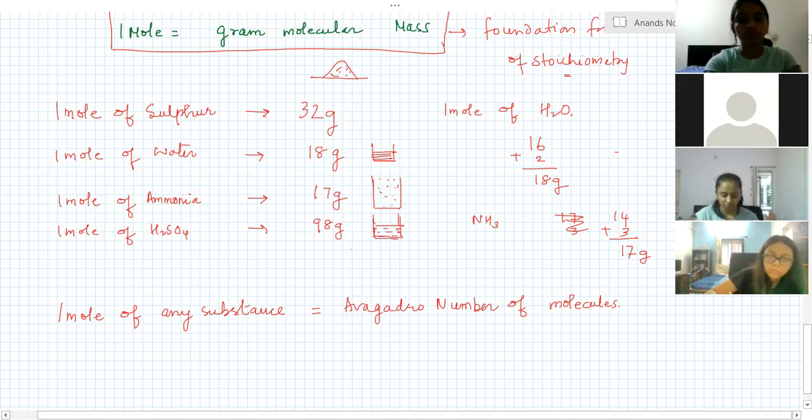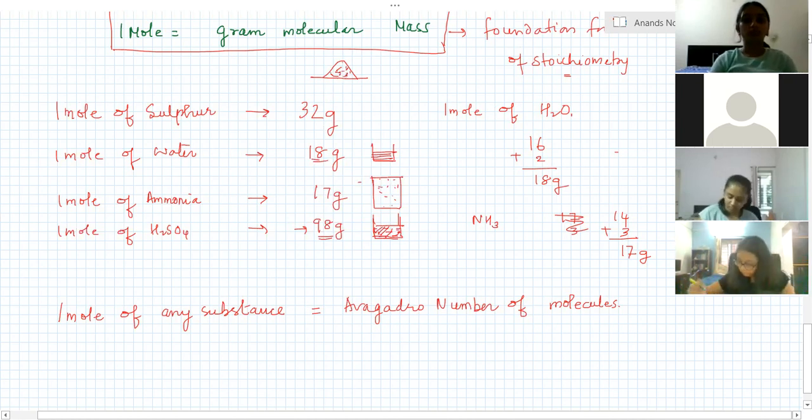So in each of these measures, in 98 grams of this fellow, in 17 grams of this gas, in 18 grams of water, and in 32 grams of sulfur, which is a solid, you go ahead and count the number of molecules if you can. They will all be the same, 6.023 into 10 raised to 23.